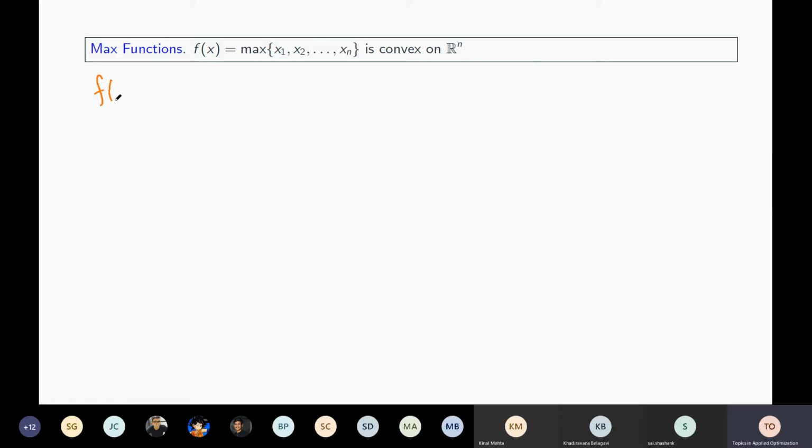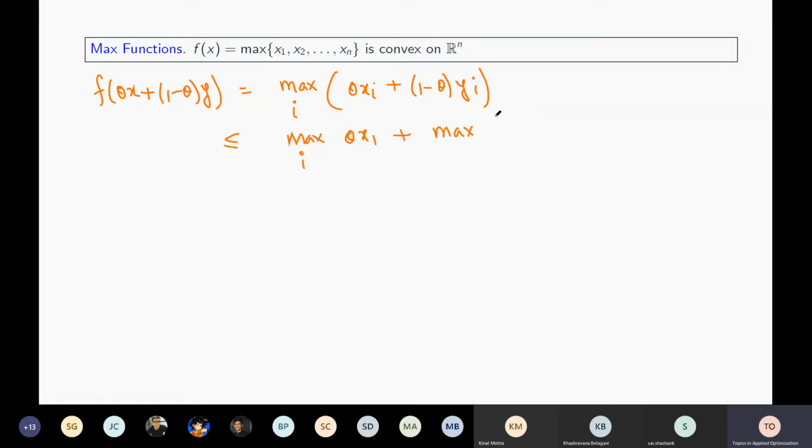So what we want is f(θx + (1-θ)y), and this is defined to be max over i of θx_i + (1-θ)y_i. This is less than or equal to max over i of θx_i plus max over i of (1-θ)y_i.